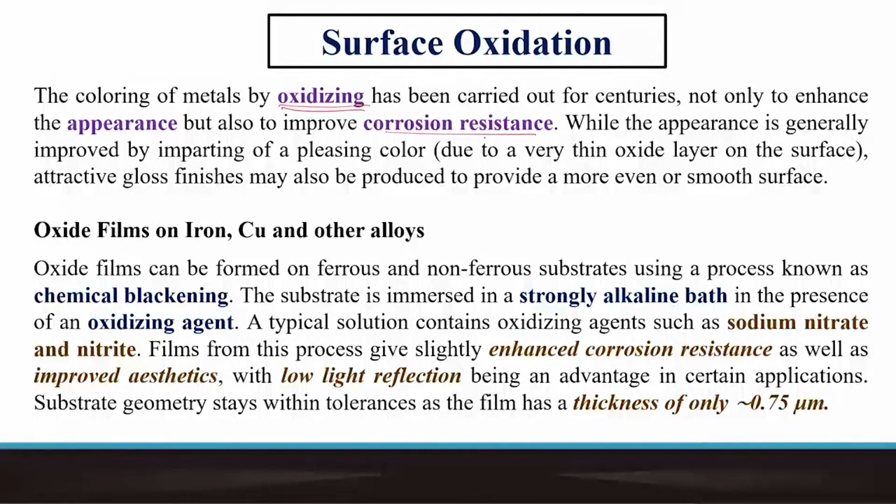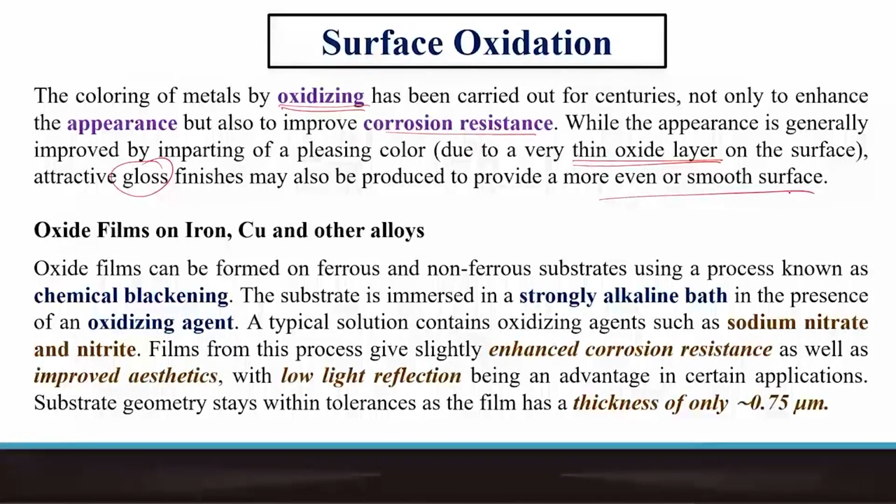But it is not just coloration alone, it also provides corrosion resistance. So, this thin oxide layer that we form depends upon what kind of medium that we are subjecting to and what temperature and so on. This thin oxide layer also can give us a glossy finish or a bright appearance, and even make the surface quite smooth and even.